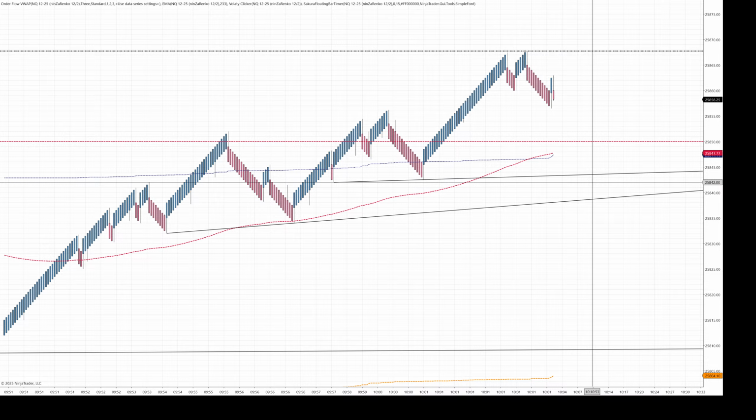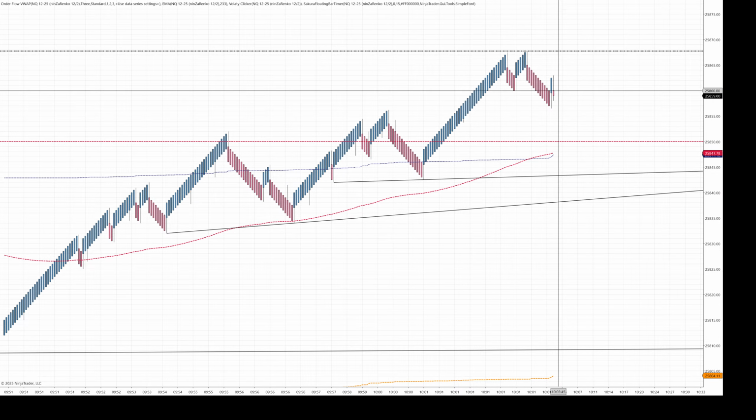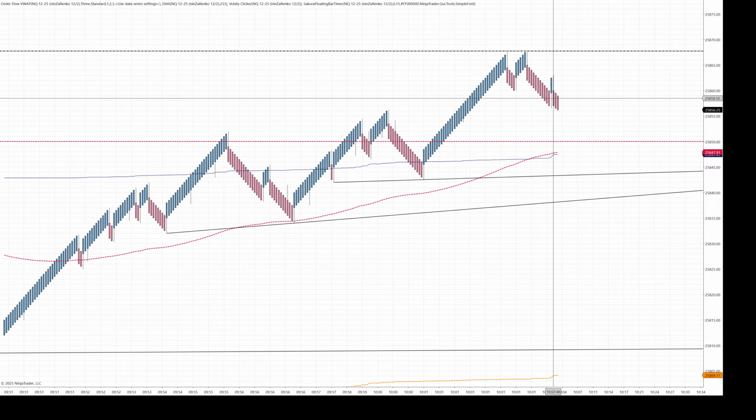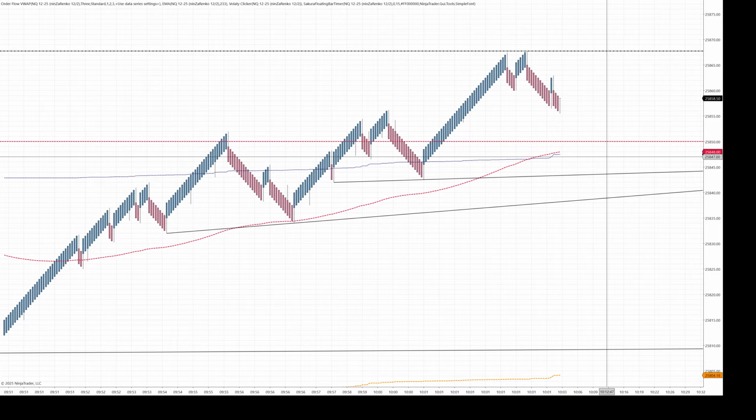Price today has been a little sluggish though. You could see it's not really moving at a decent rate, even though we're making brand new highs.